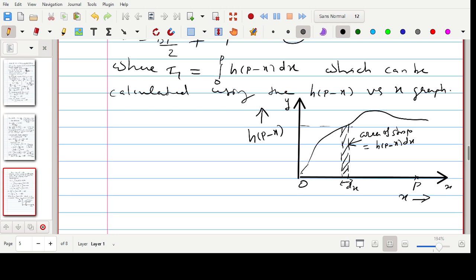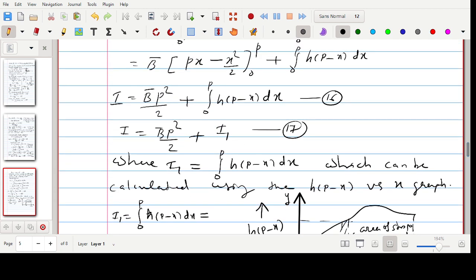Then integrate this from 0 to p, and you will get the total area. So the integral I1 equals integral 0 to p h into p minus x dx, which is the area under the curve. Using that we can calculate I1. Once you know I1, then you can calculate I using this equation.